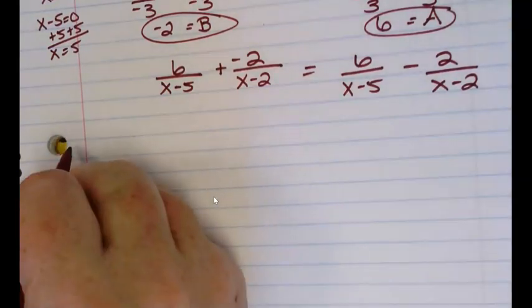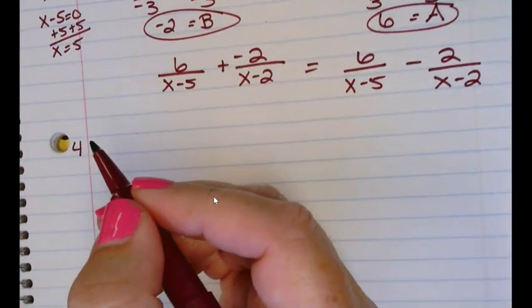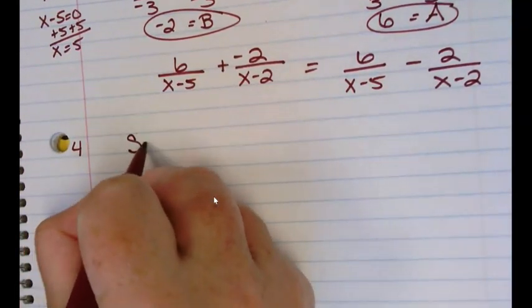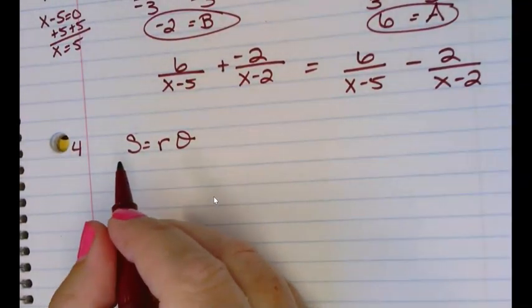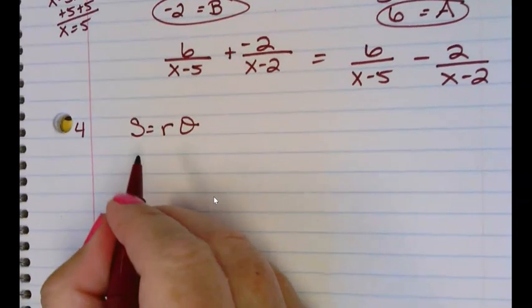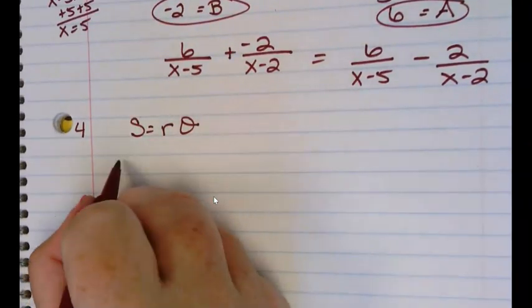Number 4, arc length. So the formula equals r theta. Grab me a calculator. Okay. So r equals 20, theta equals, so here we go.